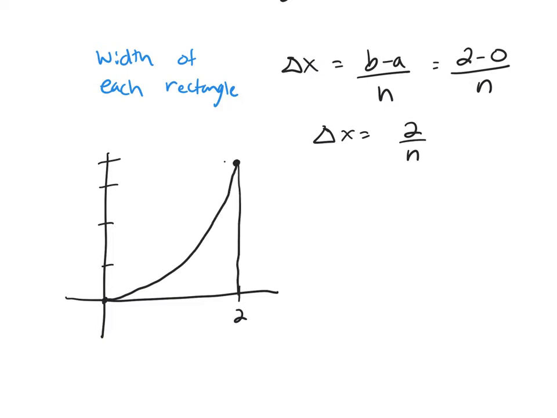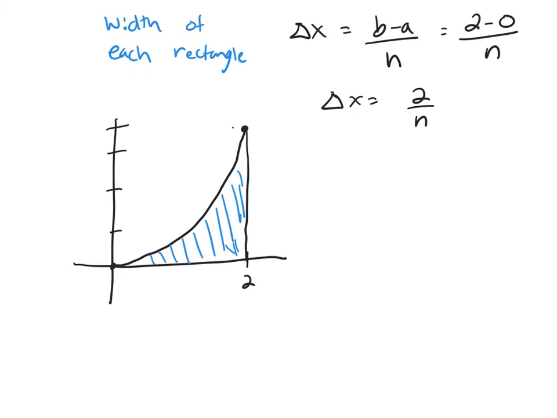And this is the region I'm trying to find the area of. I'll fill it in here for you. That's the region I'm trying to find the area of. Now, we're going to use rectangles. And let's say we want to find the lower sum first.